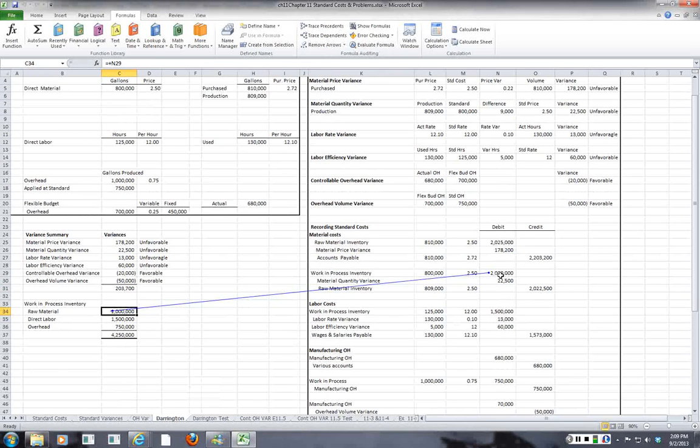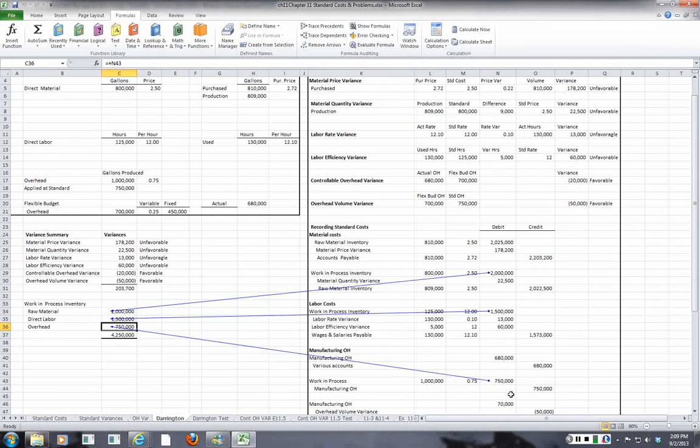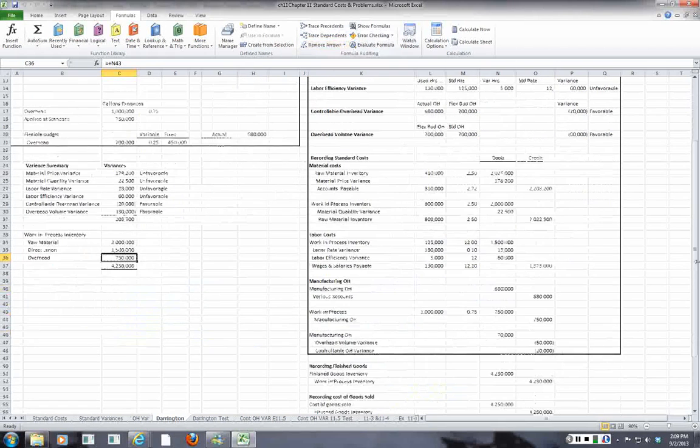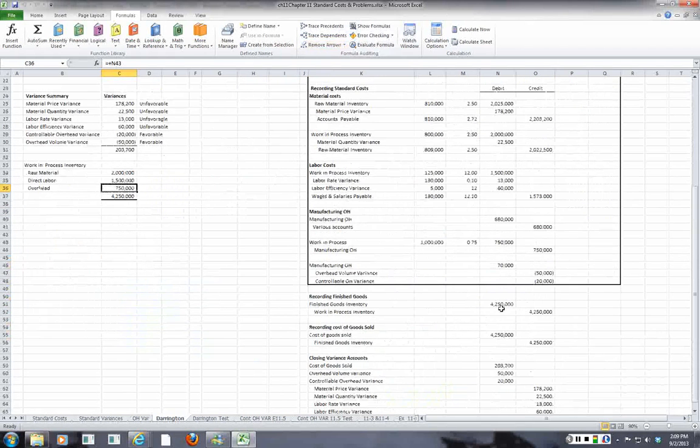Work in process for raw material, for direct labor, and overhead are all in there at standard, which comes to $4,250,000. So we're going to debit finished goods inventory for that amount, and transfer it from work in process inventory.